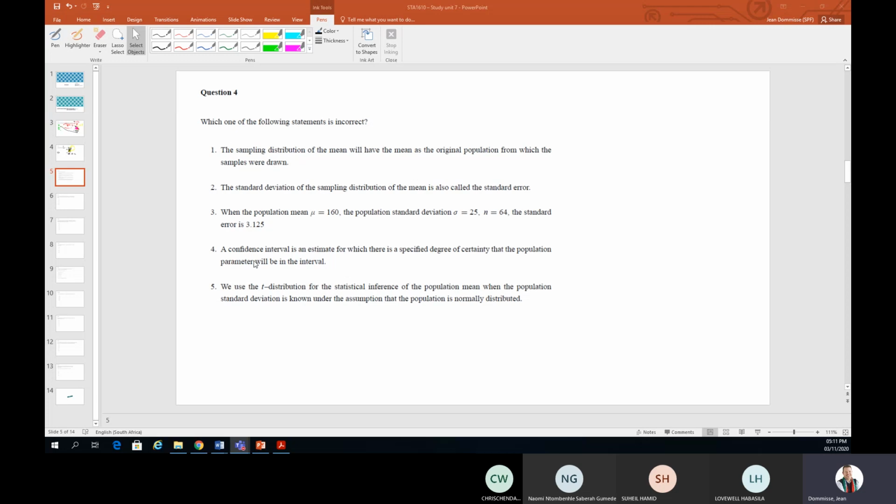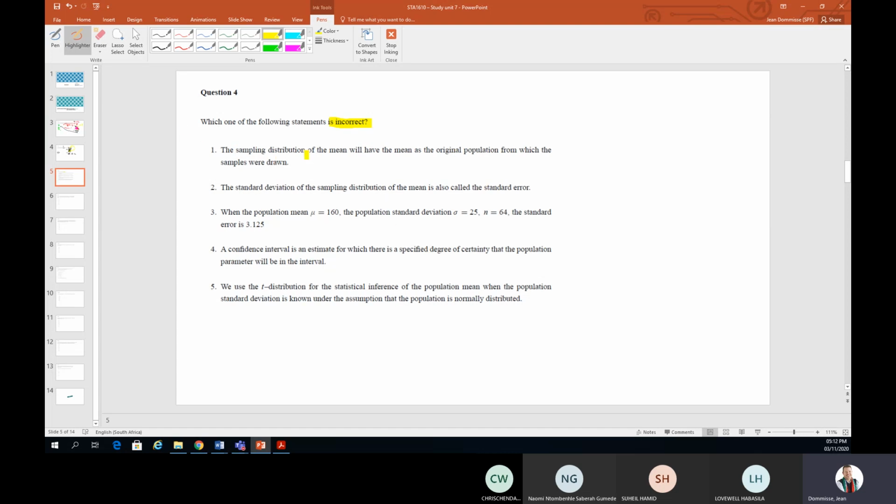Okay, so the next question. Which one is incorrect? Now they are basically combining definitions with some extra work that you need to calculate. Let's see.